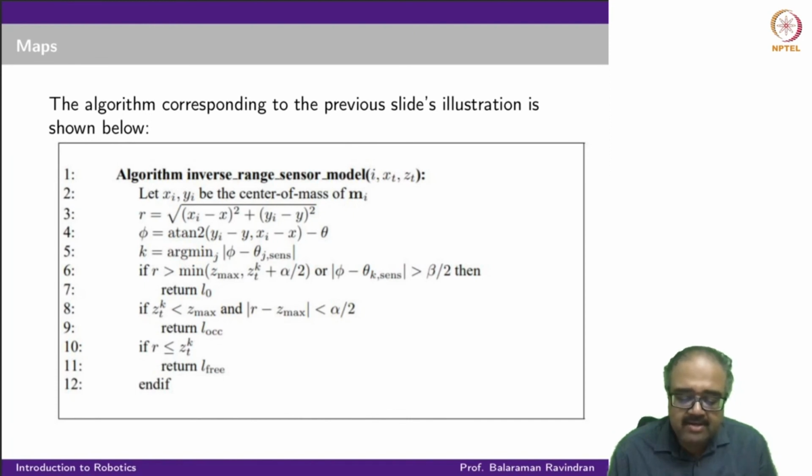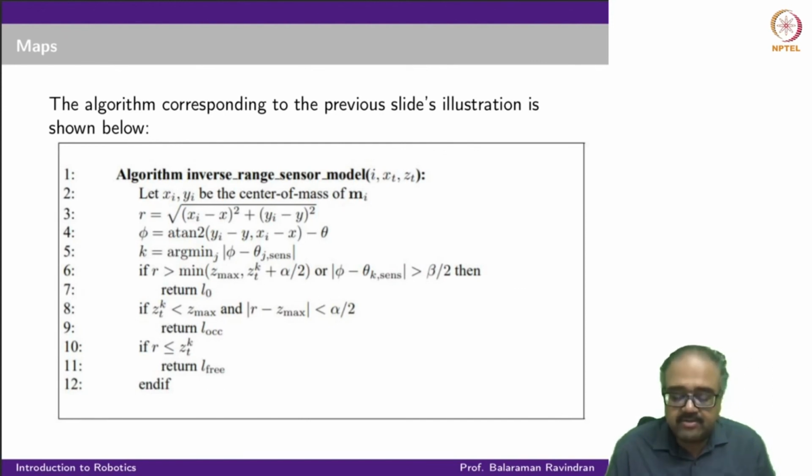But if r is not less than z_t^k, if r is actually greater than z_t^k, within alpha by 2, then I'm going to say that the cell is occupied.